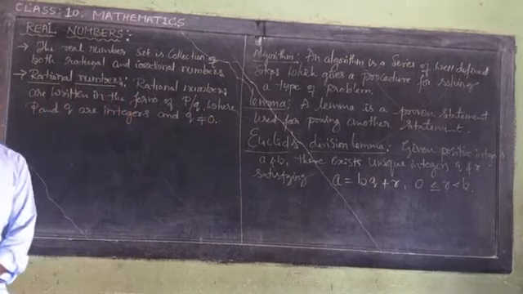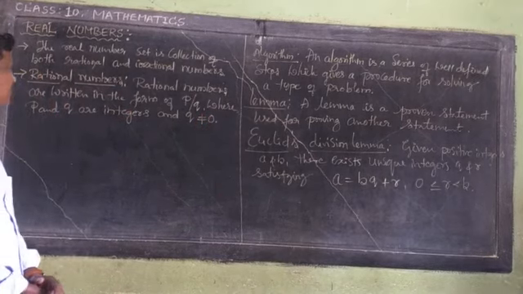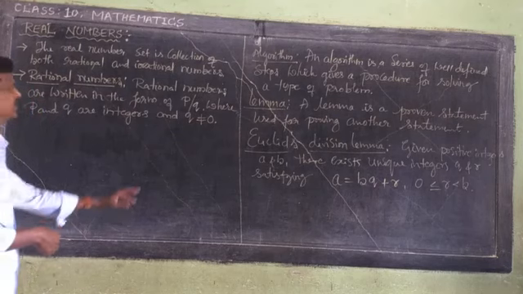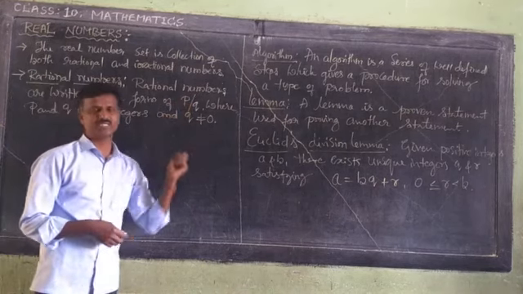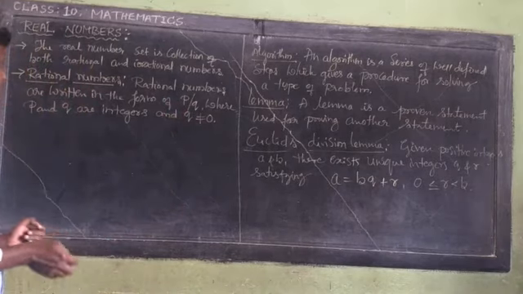Definition of rational numbers: rational numbers are written in the form of P by Q, where P and Q are integers and Q is not equal to 0.